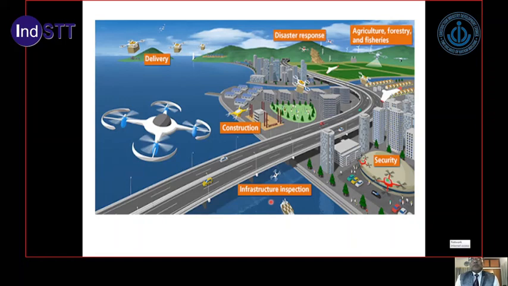In Arunachal Pradesh, this is being done. The drone is sent to rough, tough terrain where it is not possible for engineers to go every day, and the construction is being monitored with the help of the drone. Then safety and security, then agriculture, forestry and fisheries. So there are very, very large numbers of applications.